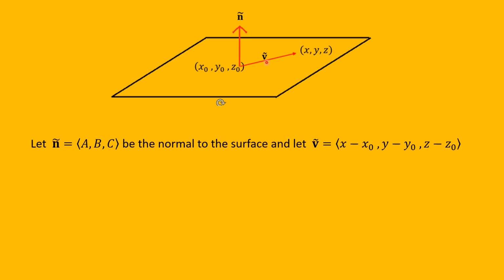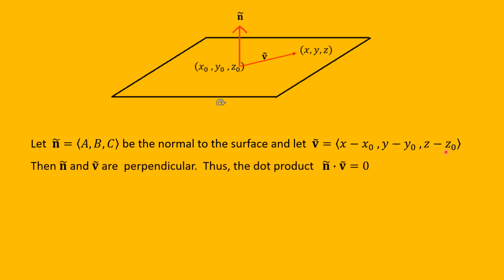And let's let v be the vector going from x0, y0, z0 to this point x, y, z. So the components of that vector are x minus x0, y minus y0, z minus z0. In that case, the vector n and this vector v are perpendicular. And that tells us that the dot product of those two perpendicular vectors has to be 0.